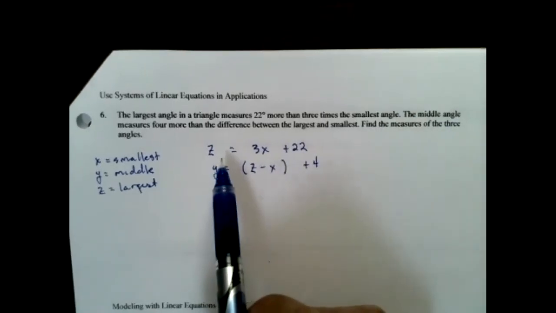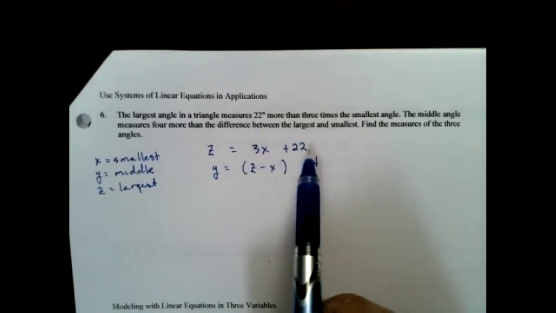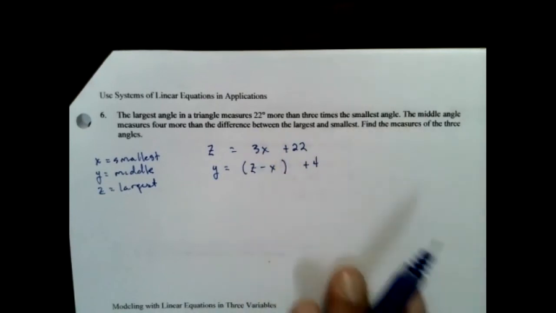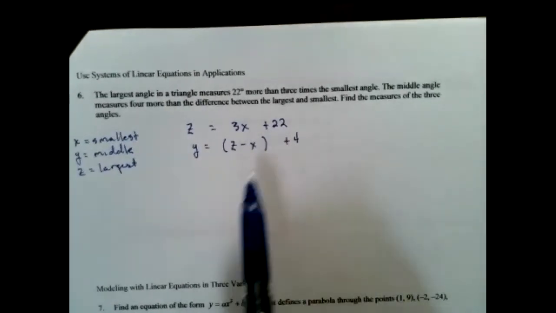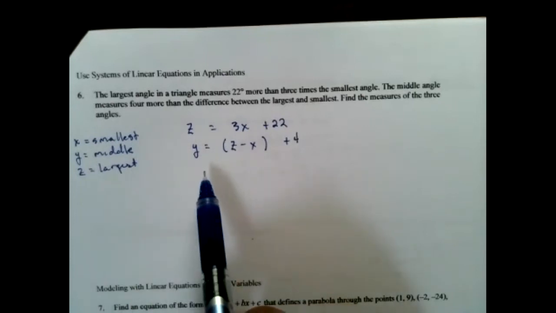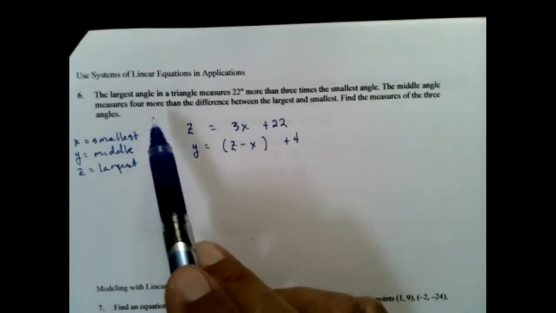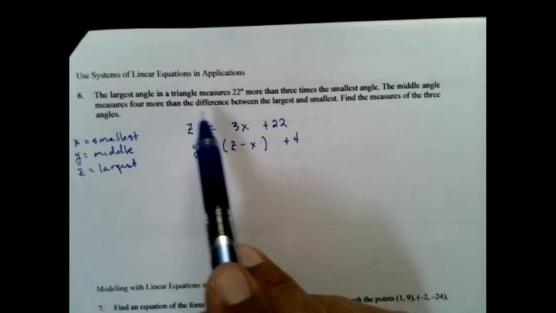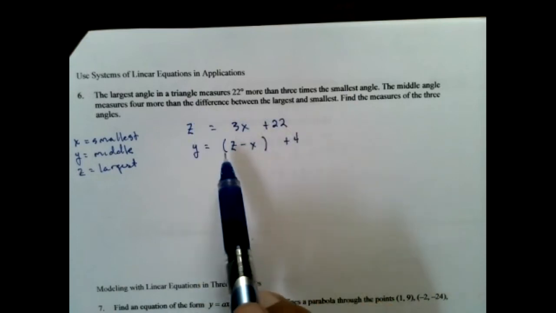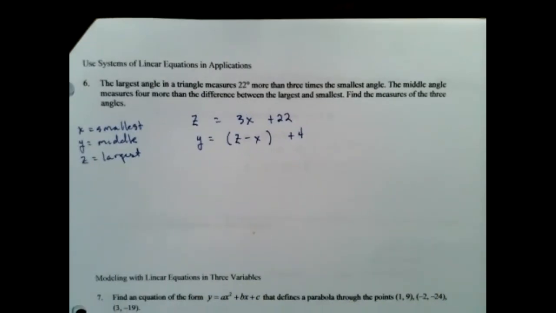The largest angle in a triangle measures 22 more than 3 times the smallest. The middle angle, y, measures 4 more than the difference between the largest and the smallest. What am I missing? I'm missing a third equation, aren't I?